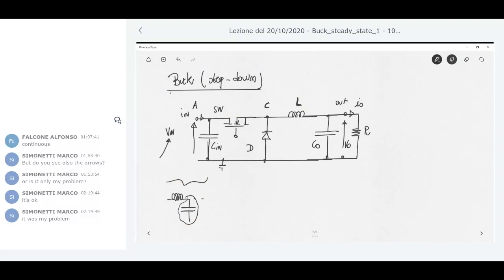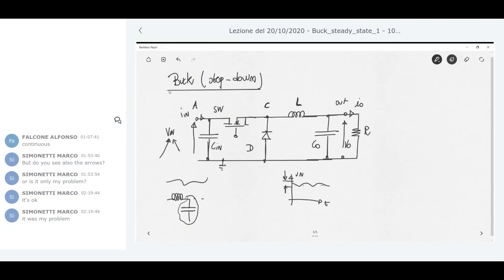For example, suppose the situation in which Vin comes from a rectifier. If you have a rectifier in front of this buck converter, then the voltage across the rectifier is something like this. So Vin can have a variation across an average value. So this Vin is not constant. So Cin, the input capacitance, is something that can be put in parallel to this.